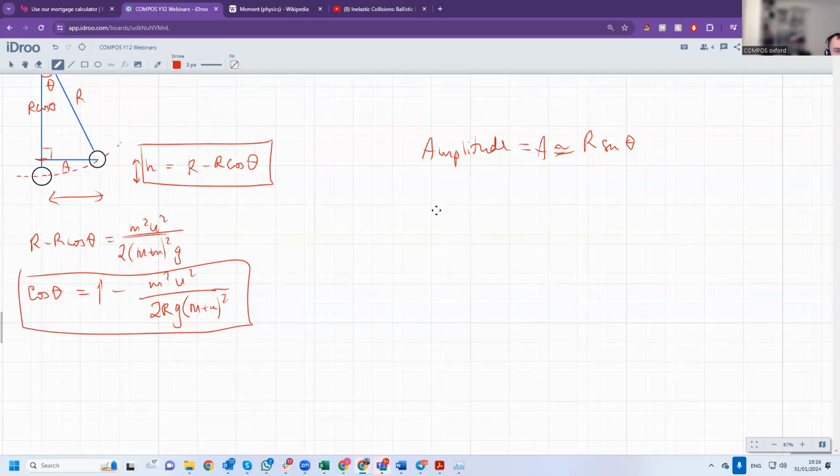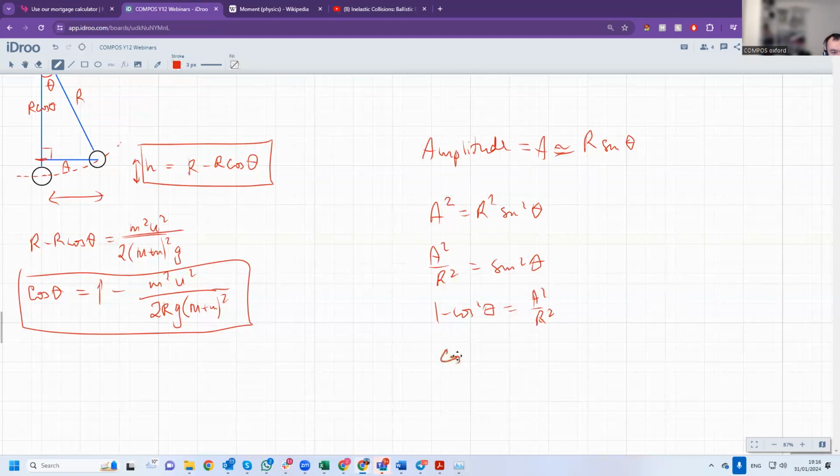So A squared over r squared equals sine squared theta. 1 minus cos squared theta is equal to A squared over r squared.